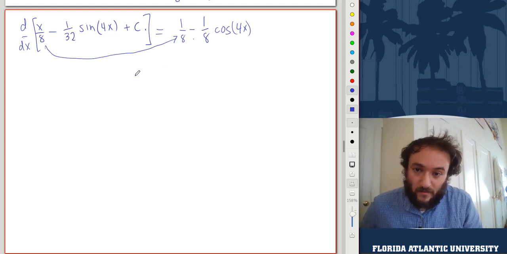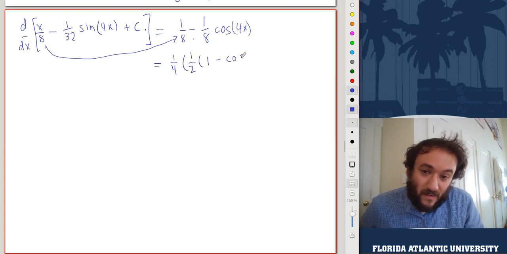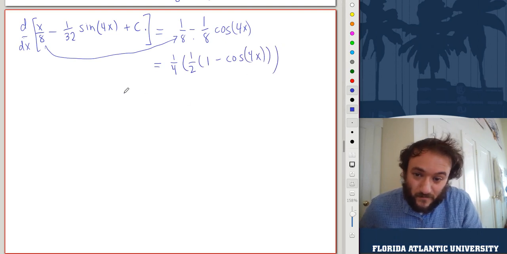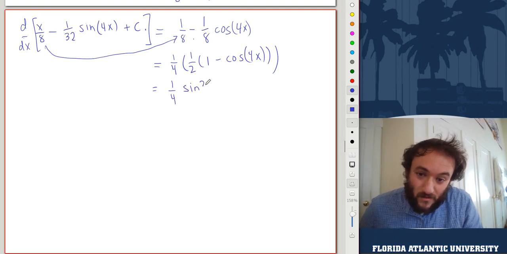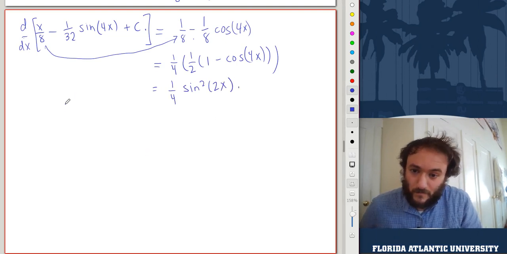Okay, now we can apply the double angle formula again. We get 1/4 of 1/2 times 1 minus cosine 4x, which is exactly 1/4 of sine squared 2x. Okay.